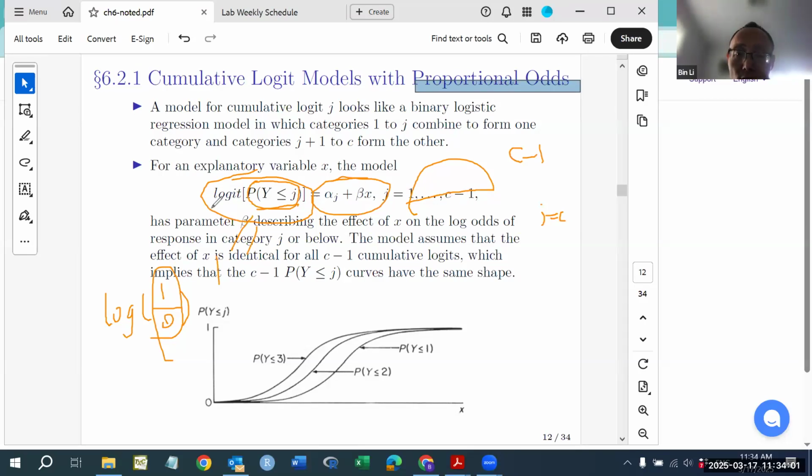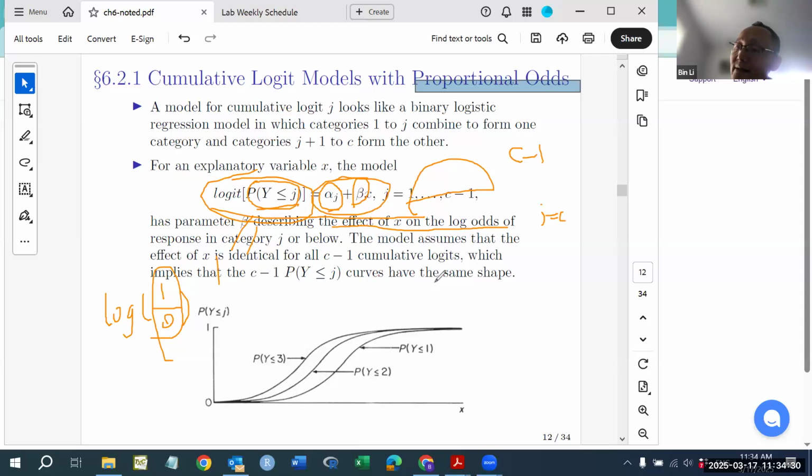Okay, so for this model, the only parameter that is relevant to J is the intercept. But the slope of the X is the same. That means the effect of the X on the log odds of the response being in category J or below is the same.